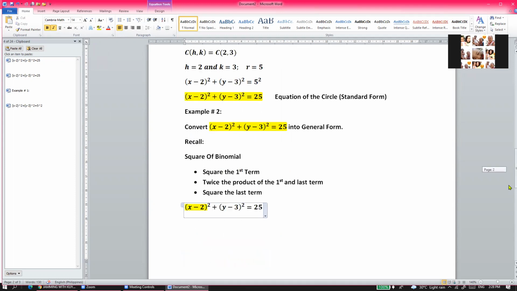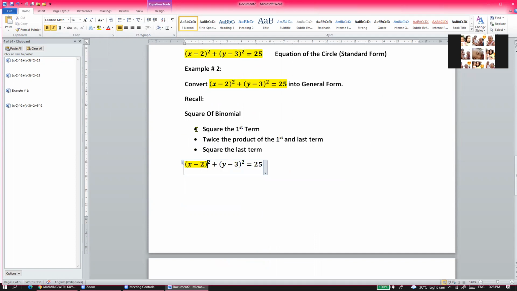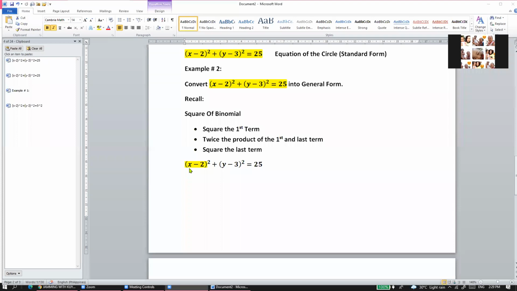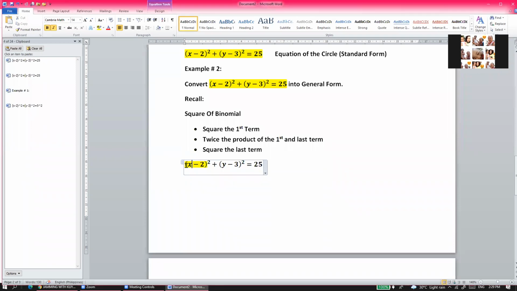If we're going to apply this concept, square the first term, x. If I square x, we have x squared. And then, twice the product of the first and last term. The first term is x, the second term is negative 2. X times negative 2 is negative 2x. Double, negative 4x.